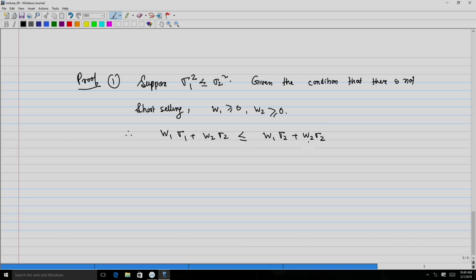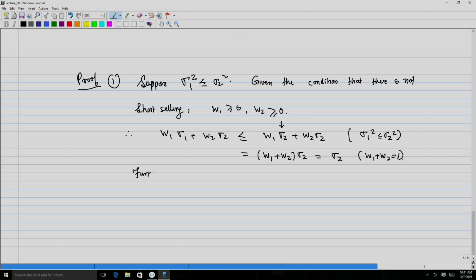Why have I made this statement? Here I have made use of the fact that sigma 1 square is less than or equal to sigma 2 square. So, I have made a change to this particular term. Now, this can be written as W 1 plus W 2 into sigma 2, and remember that W 1 plus W 2 is equal to 1.